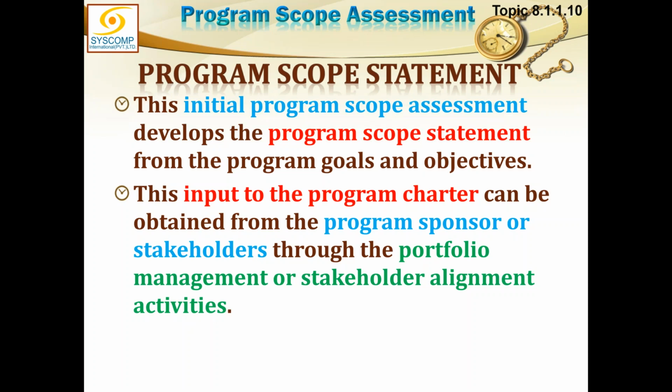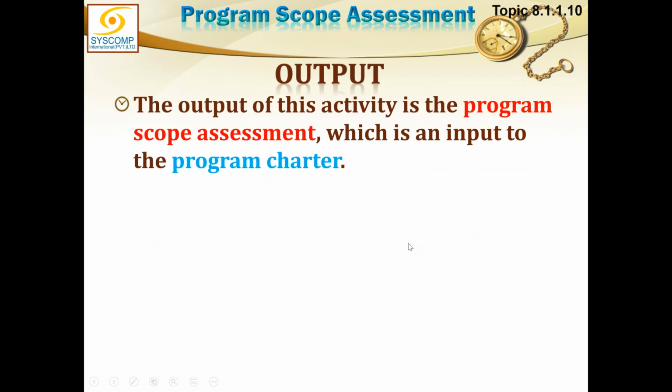This input to the program charter can be obtained from the program sponsor or stakeholders through the portfolio management or stakeholder alignment activities. That would tell us what the statement of the program should be. So the output here is the program scope assessment, which is an input to the program charter.